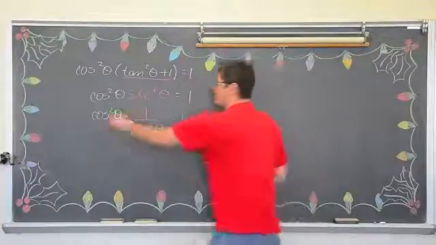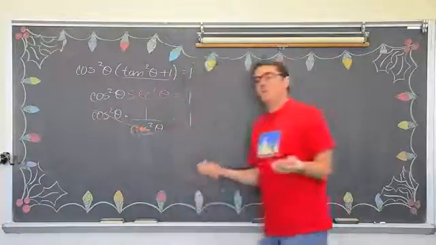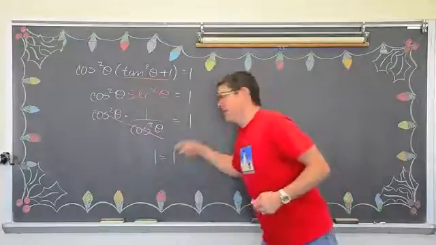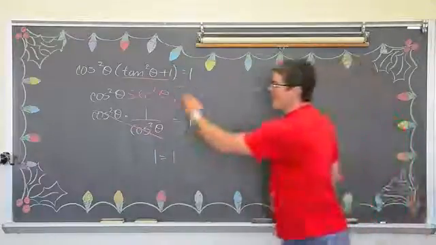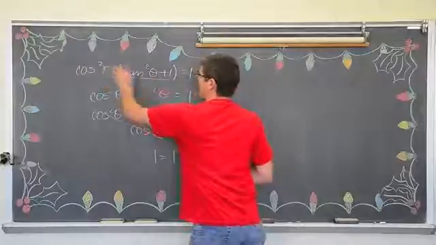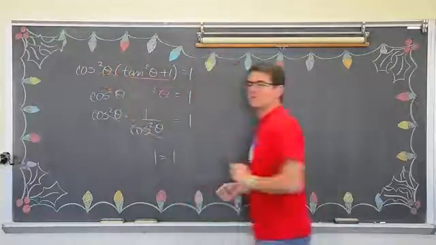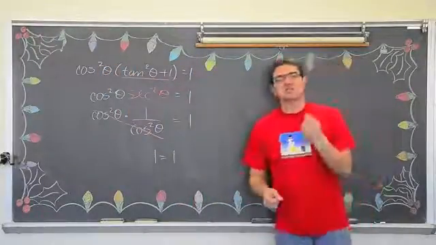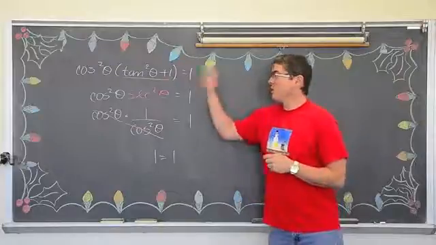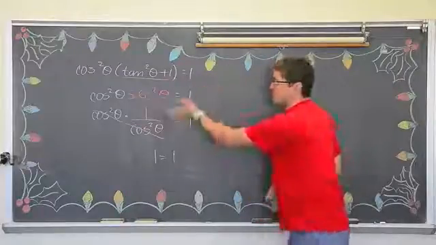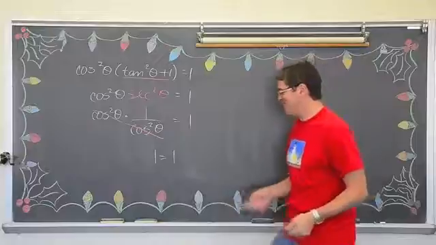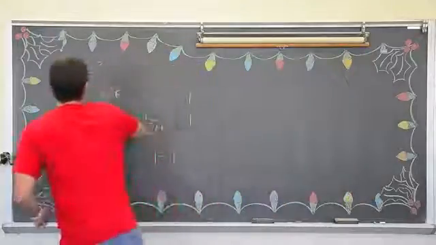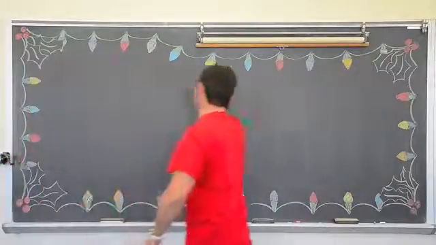And of course, whenever you divide anything by itself, you get the answer of 1, and bam, you're done. Two sides match. That says that no matter what the theta measure is, whatever the angle measure is, cosine squared times tangent squared plus 1 will always equal 1. So we just did our first proof. Pretty cool. All right, so I'm getting excited because I love these problems.